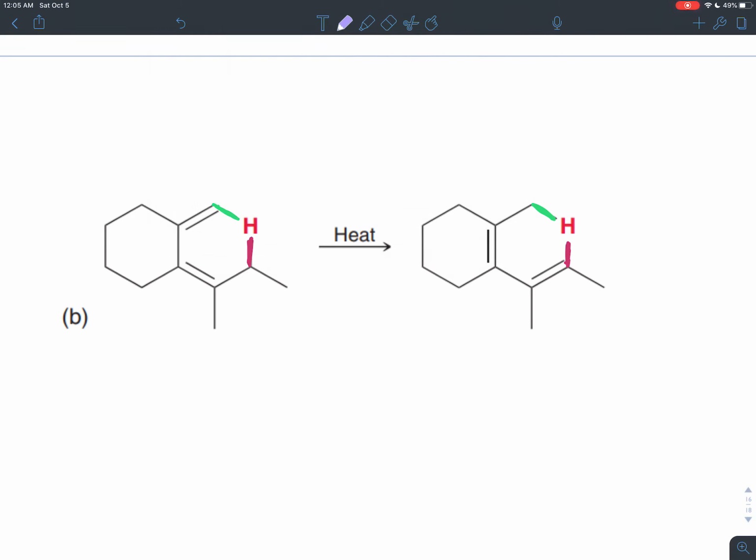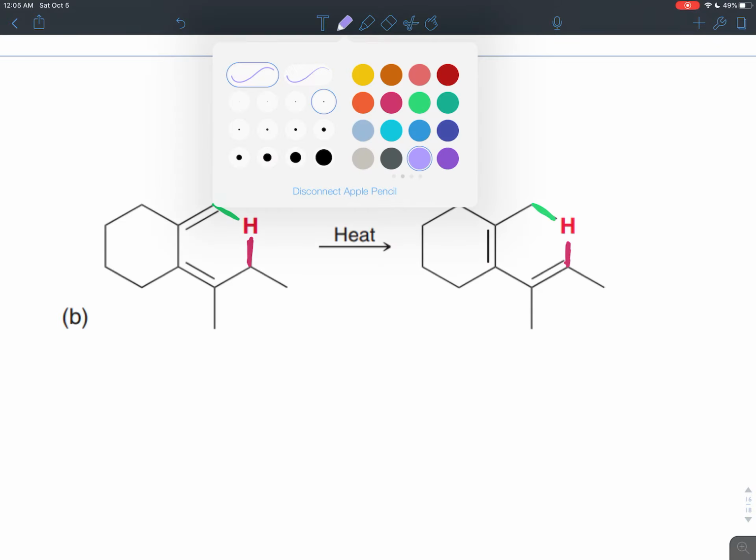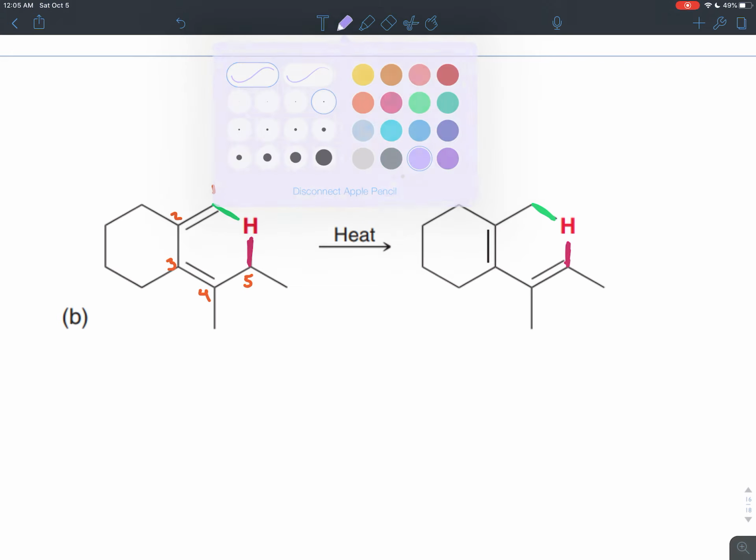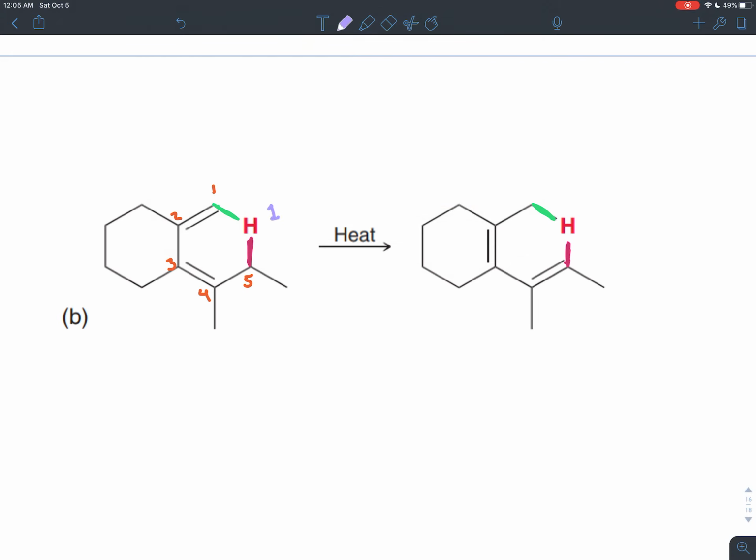Next, we want to count the number of atoms on each side of the bond that's broken and the bond that's formed. On the left side, we have 1, 2, 3, 4, 5 atoms between the bond that's formed and the bond that's broken. On the right side, we just have 1, the hydrogen.